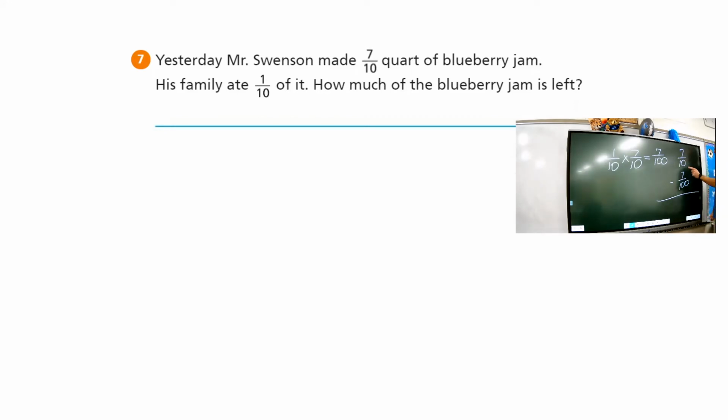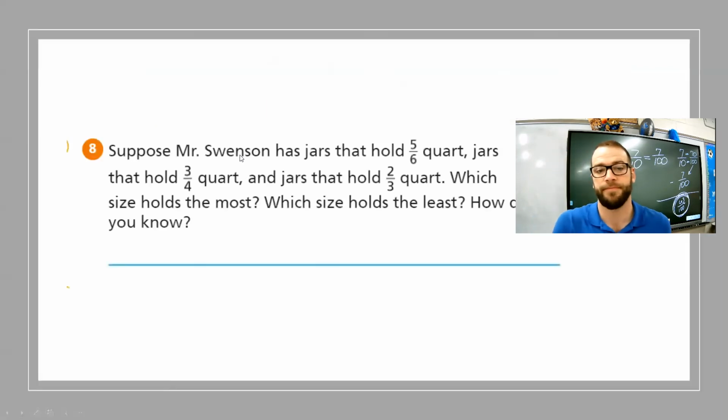So I could turn this into 100ths by multiplying by 10. This is how much I had. This is how much I ate. There's 63/100ths left. And I'm pretty sure that's simplified. I'm not going to jump too much further into figuring out whether or not it is, but I'm pretty sure 63/100ths is simplified. So number 7 is 63/100ths.